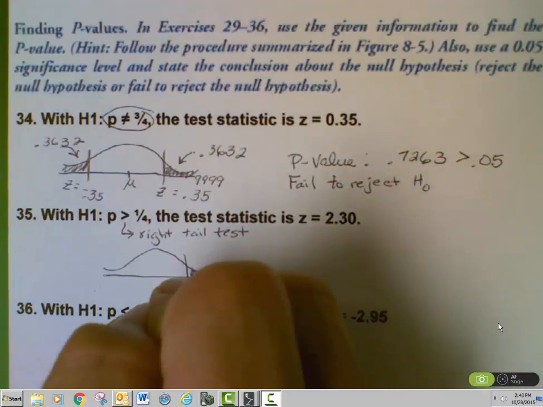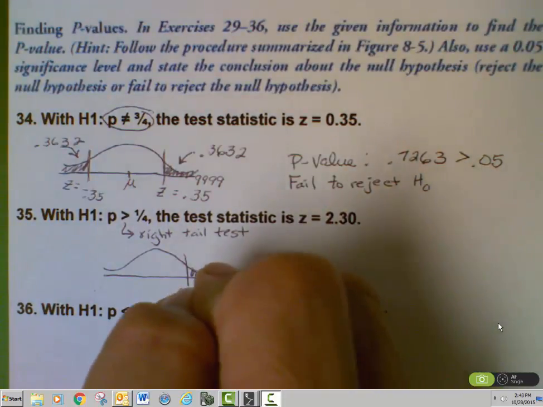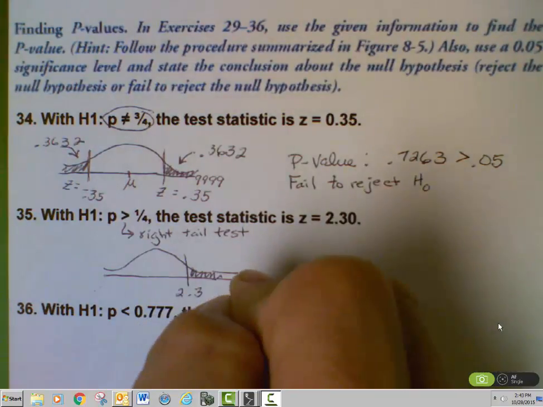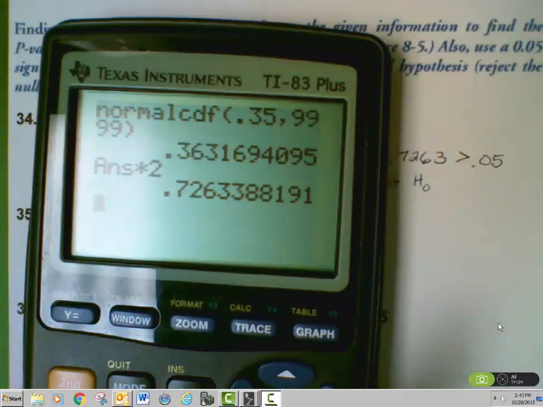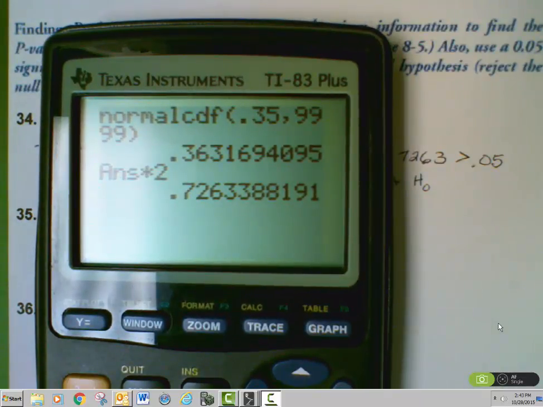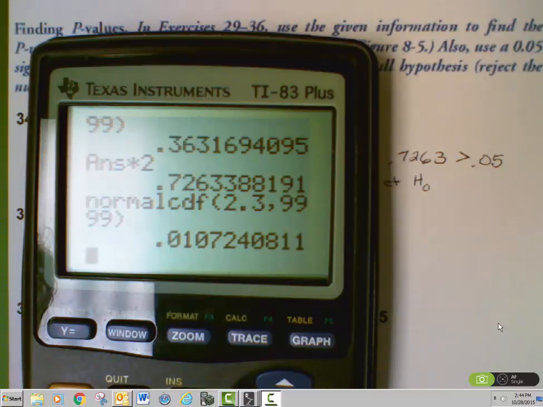And the test statistic is 2.3. So I'm going to use normal CDF to find the area from 2.3 to 9999. That probability is 0.0107.